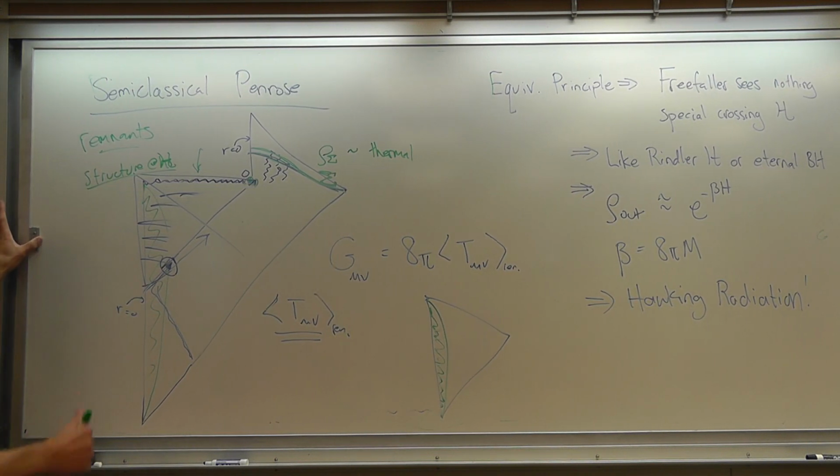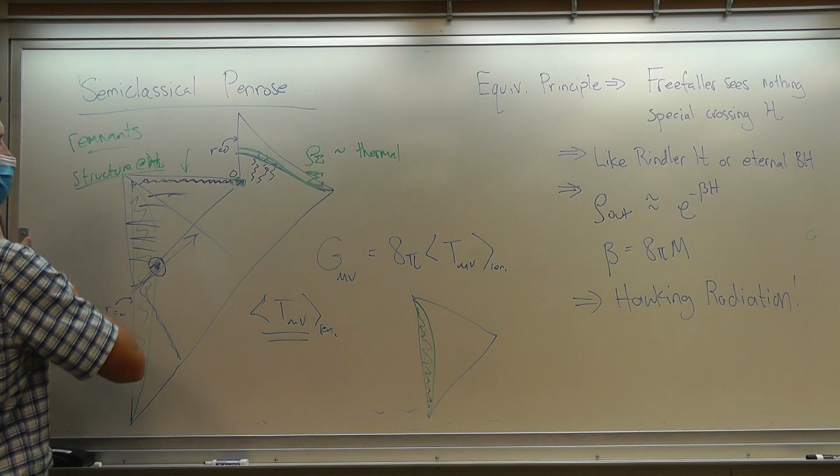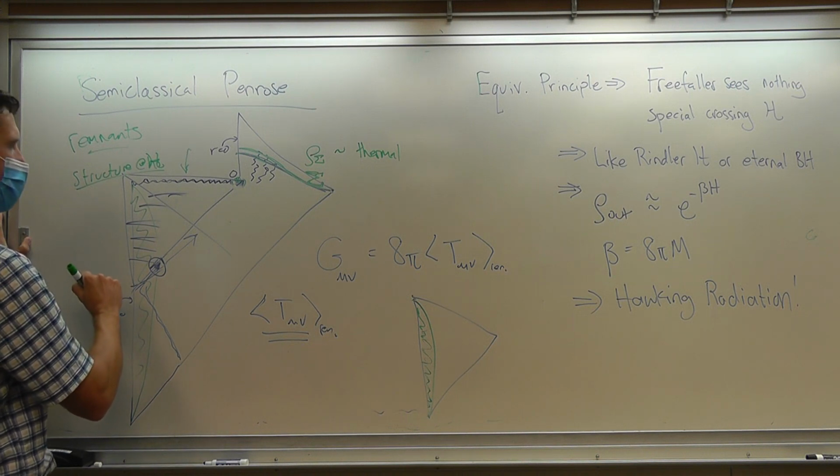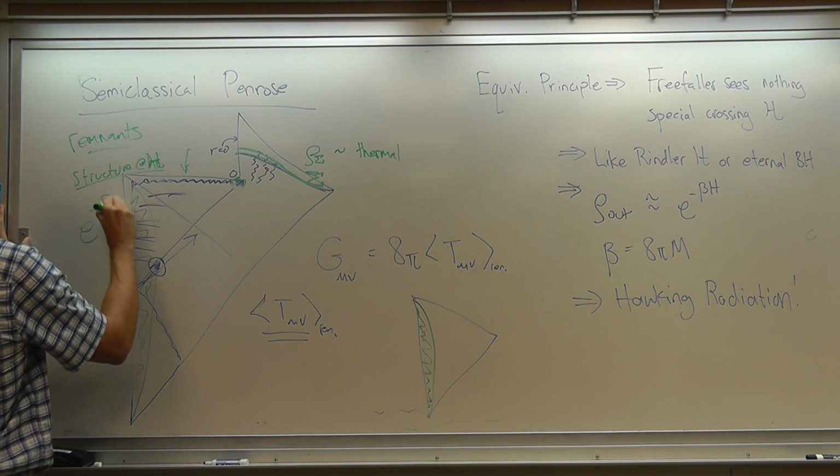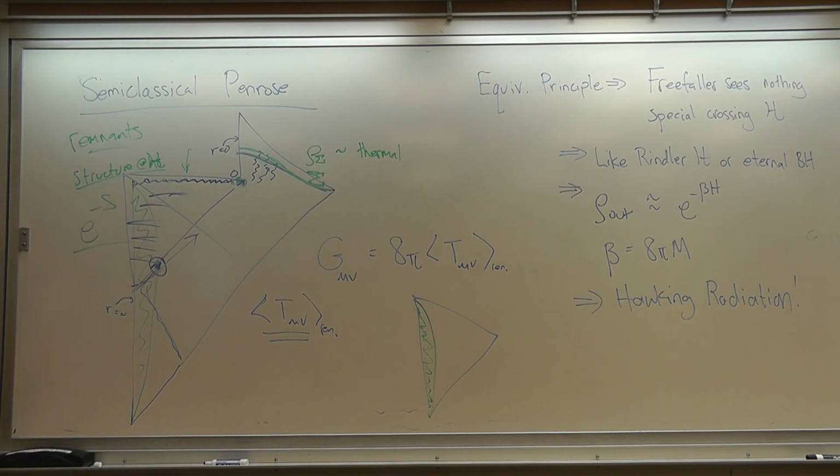And the third one, which is the one that we'll discuss the most, I don't know what to call it. I'm just going to call it e to the minus S. Okay, so the problem is non-perturbative effects.